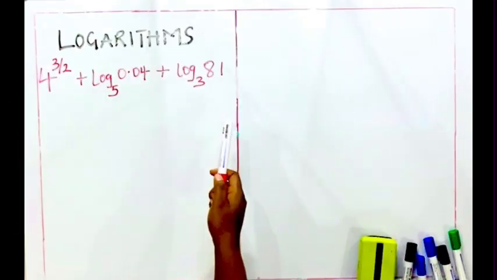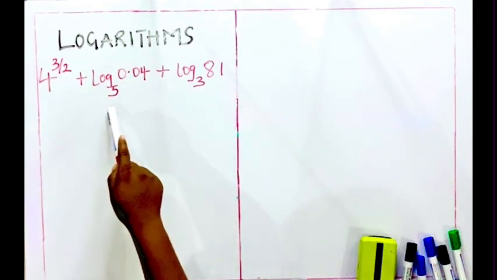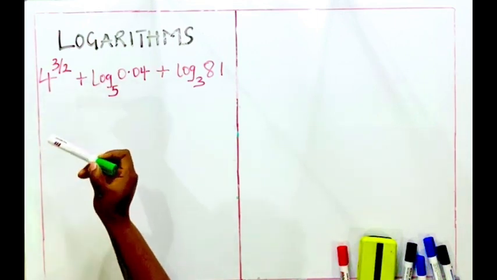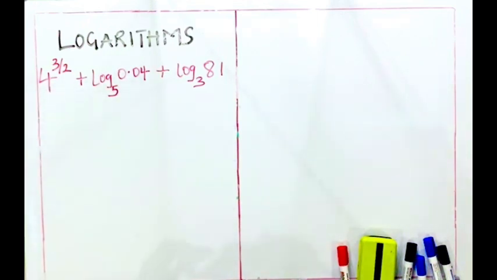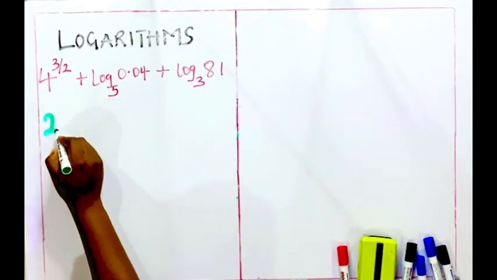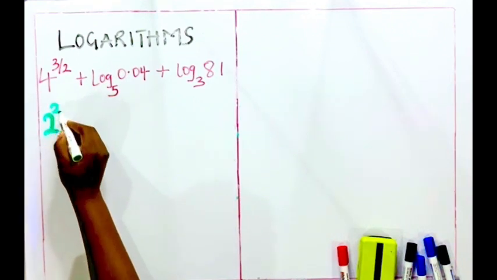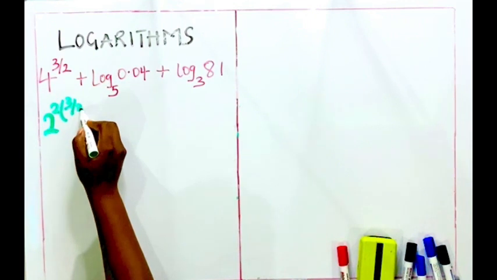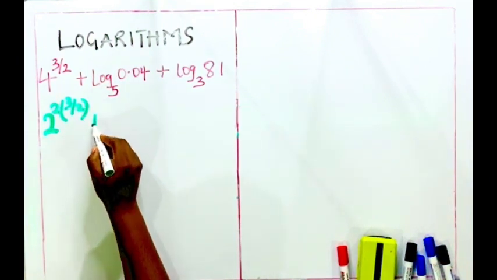The logs here have different bases. This is base 5 and base 3, but that is not a problem. First of all, you are going to change 4 and write it in its index form. 4 can be written as 2 raised to the power of 2, open bracket 3 over 2, close bracket, plus.